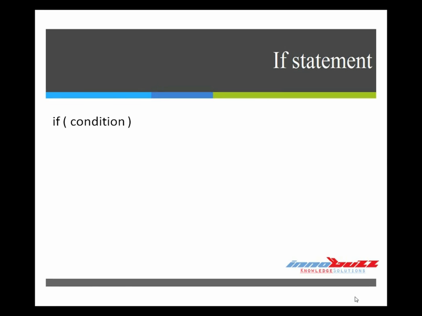How does it look like? It starts with the keyword if, followed by round brackets. These brackets contain the condition. The condition can be a statement that contains conditional operators like equal, not equal, smaller or greater, and so on. Or it can be a Boolean variable or an expression.